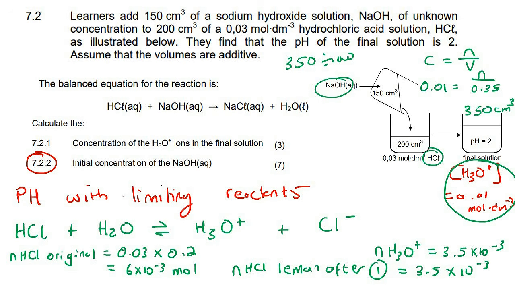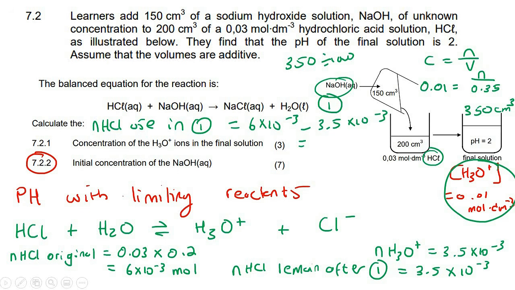So we can now say, how many moles of HCl did we use in reaction number 1? And that's going to be the original amount minus the amount that's left over. And if you calculate that, you end up with 2.5 times 10 to the minus 3.